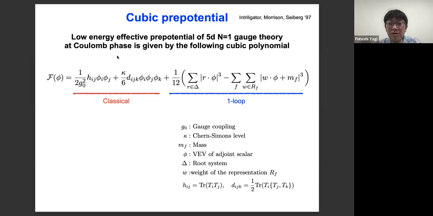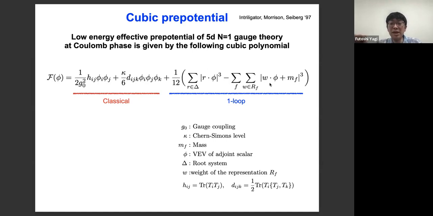So we can write down the prepotential in an exact way, and it turns out the Coulomb phase prepotential is exactly given by this cubic prepotential. The first red part is just the classical prepotential, and the blue part is a one loop correction.